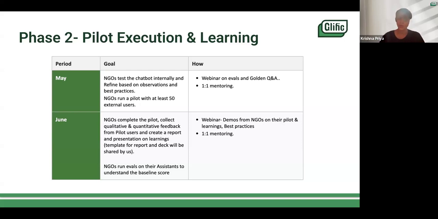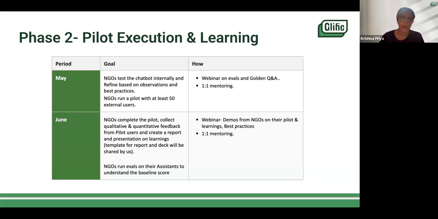We want June to be the period where, by the end of June, you should be able to run at least one pilot. What's the rationale behind it? We believe in the idea of implement fast, fail fast, learn fast. It's not just because it's a cohort and we want a midpoint check.